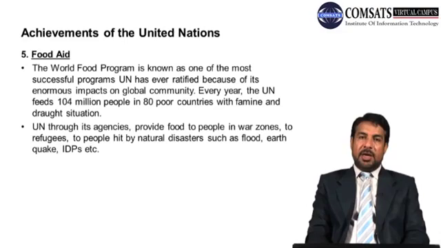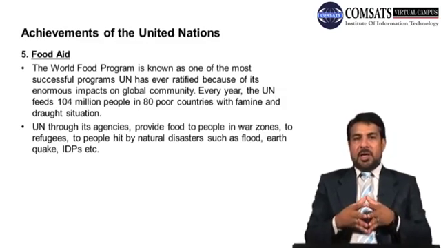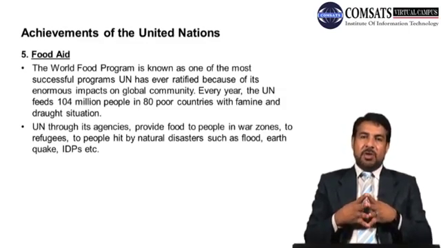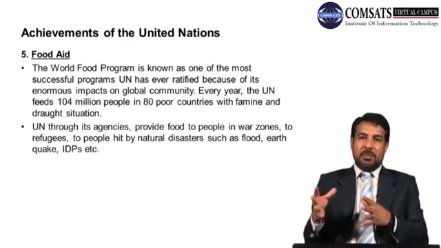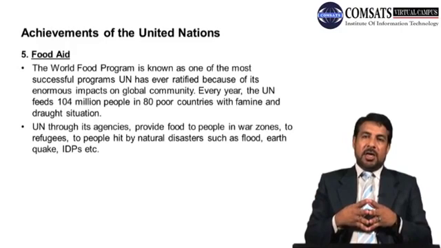IDPs का मतलब इंटरनली डिस्प्लेस्ड पीपल है, जो अपने मुल्क में महाजर बन जाते हैं, जो अपने मुल्क में एक जगह से दूसरी जगह हिजरत कर जाते हैं, तो उसको IDPs कहा जाता है. तो उनके लिए भी, क्योंकि जिस तरह पाकिस्तान में मुख्तलिफ ऑपरेशंस हो रहे हैं दहशतगर्दी के ख़िलाफ़, तो वहाँ के जो लोग हैं, वहाँ की जो आबादी है, उसको वहाँ से मूव करना पड़ता है ताकि the army gets room for their operations.